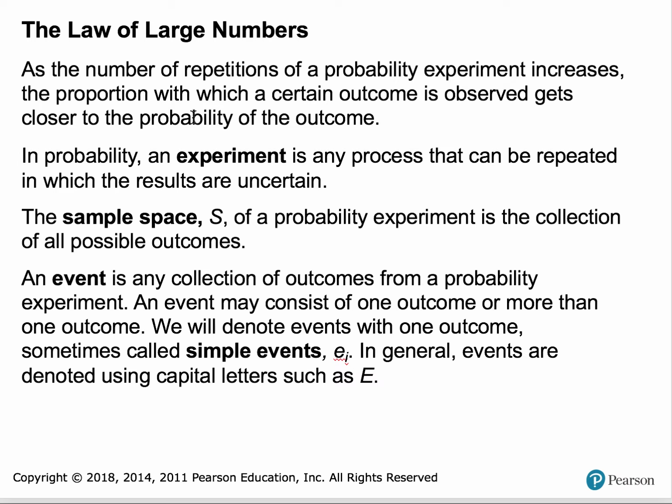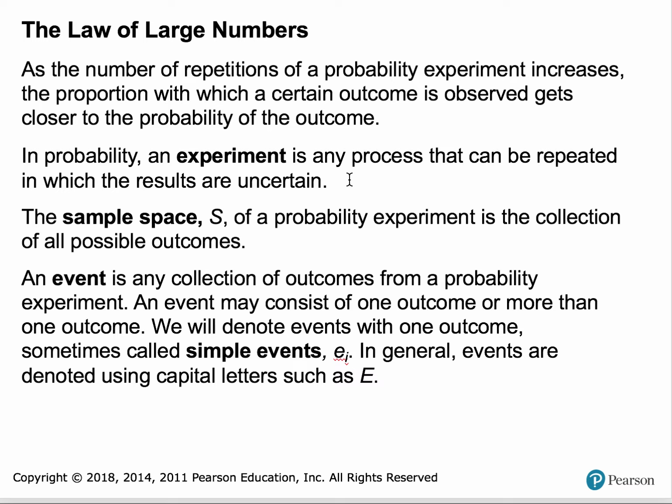Okay, in probability, an experiment is any process that can be repeated in which the results are uncertain. So the result of any single trial of the experiment is not known ahead of time. However, the results of the experiment over many trials produce regular patterns that allow accurate predictions.